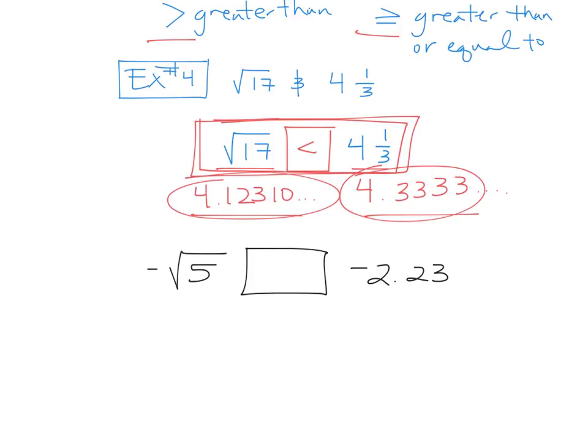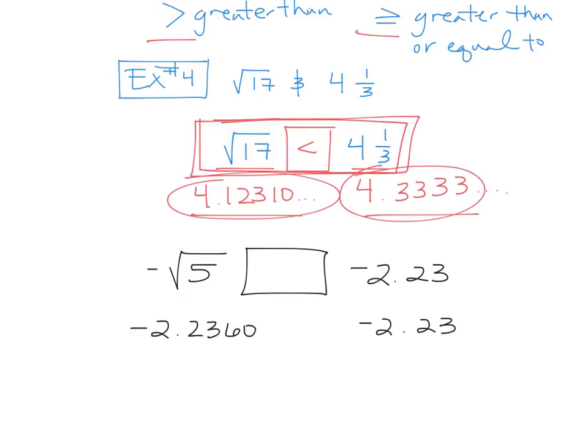Who can tell me what the negative square root of 5 is? Yeah, Denise. Negative 2.2360, did you say? Yes. Okay, and this one is negative 2.23.